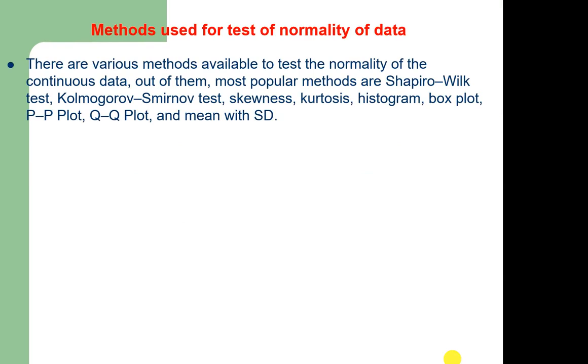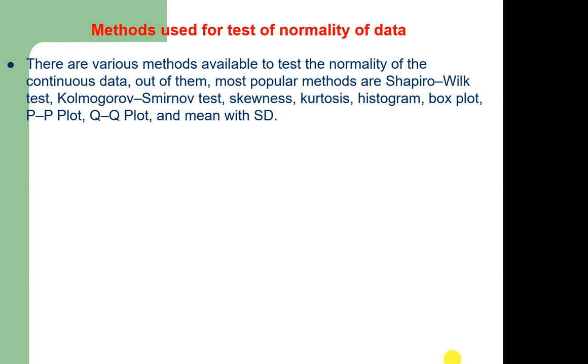Coming to the various methods which are used for testing normality of the data, there are a number of methods available to do this. Among those methods, the most popular are the Shapiro-Wilk test for normality, Kolmogorov-Smirnov test for normality, skewness, kurtosis, histogram, box plot, PP plot, QQ plot, and mean with the standard deviation, and so on.